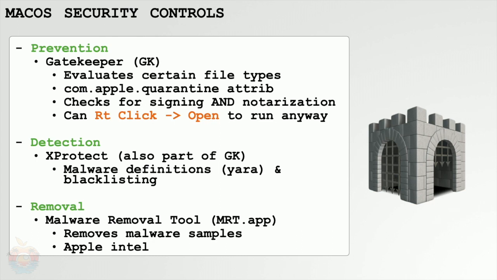It does mainly two types of checks, one of them being validating that the file you're trying to run has been signed with a valid developer ID and has also been notarized, meaning it has been uploaded to Apple's notarization scanners that look for malicious software. If it passes notarization, then a notarization ticket is stapled onto the file you're trying to run.